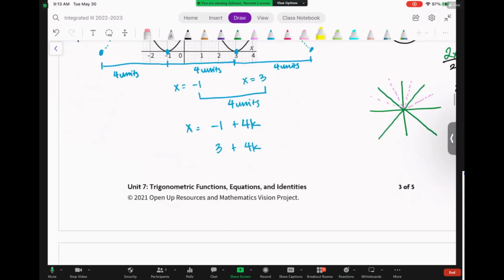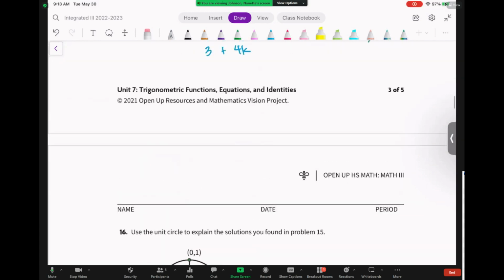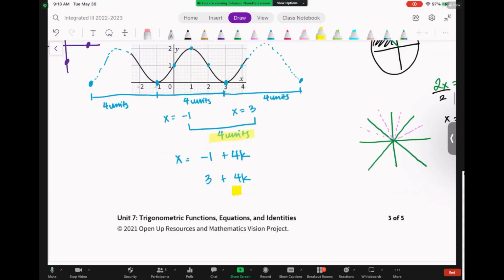So we know that the period of this graph is 4 units, because of this 4 that we found right here, here, here, and here. So we know that it takes 4 units to go all the way around the circle.